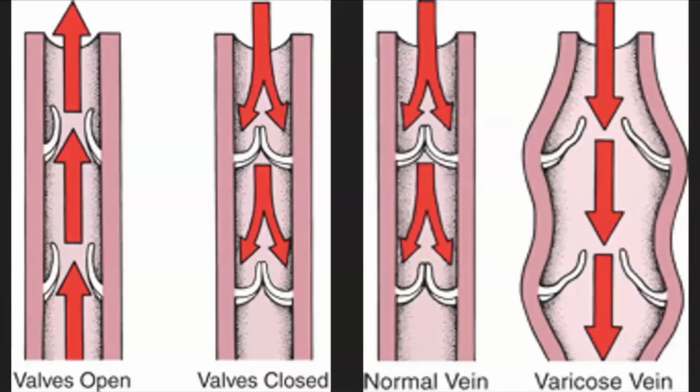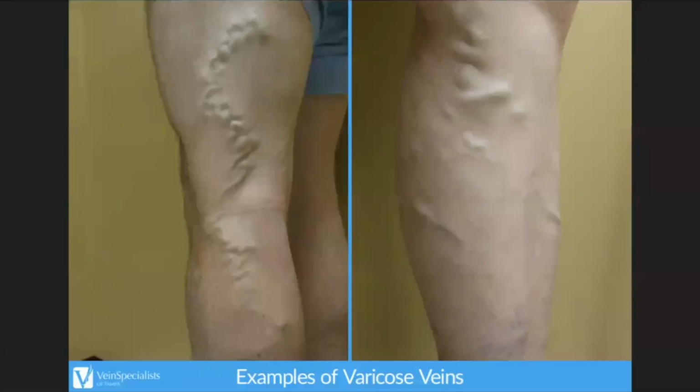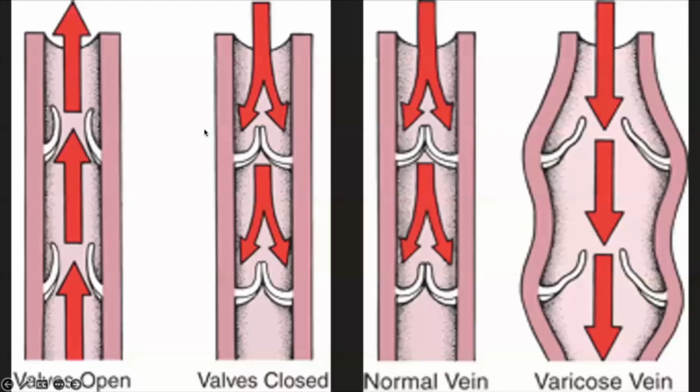Now, some people have a condition called varicose veins, like this person, and I think everybody might be familiar with this. Whenever you see somebody with a condition like this, it is because the valves in their veins have become weak. As a result, it distorts the shape of veins, and it could cause the backflow of blood.